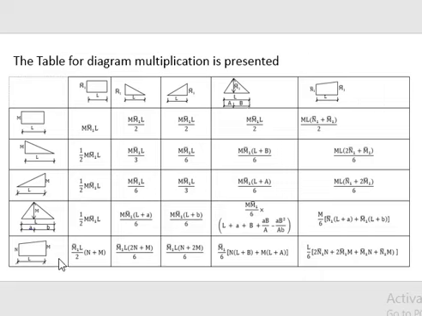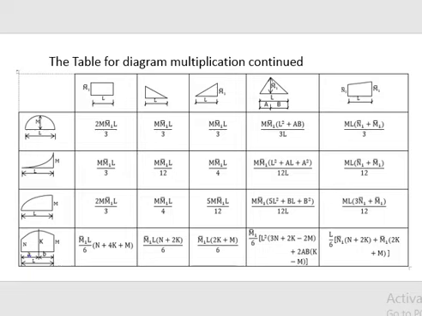By the left side here are also different shapes of bending moment diagrams. Then within this place are the values of the diagram multiplication. When you multiply this moment diagram and this moment diagram, you will arrive at this, and so on and so forth.